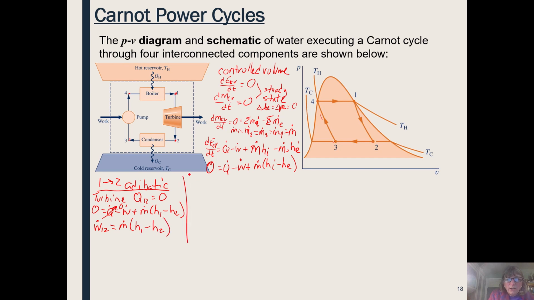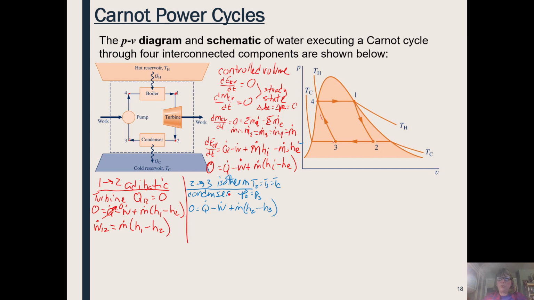If we're going from state 2 to state 3 through our condenser, that is our isotherm. We're giving off heat there. In this case, through our condenser from 2 to 3, we are also at a constant pressure. So pressure 2 is also equal to pressure 3, besides T2 being equal to T3, which is T_C. 0 equals Q minus W plus m dot going from h2 to h3.